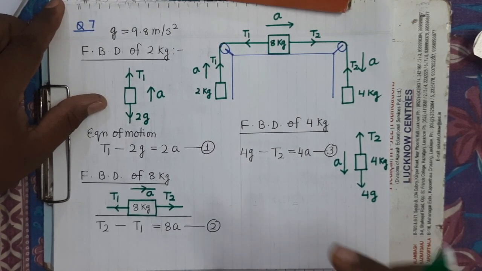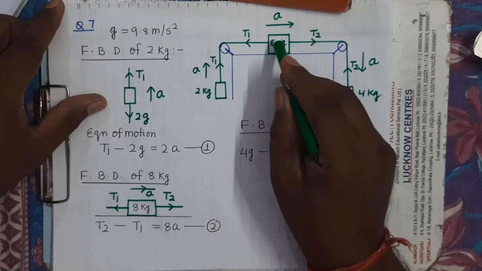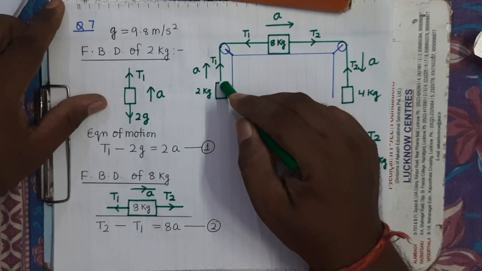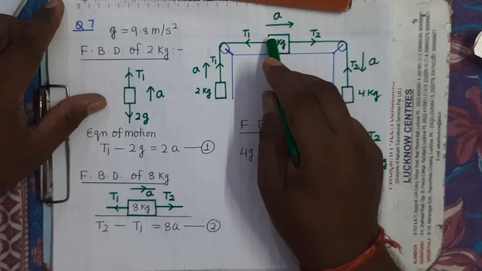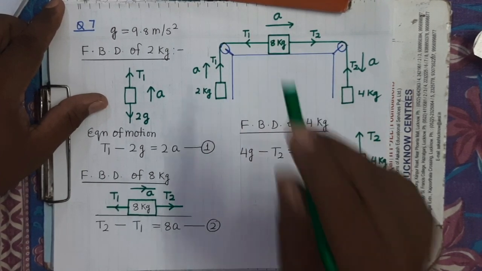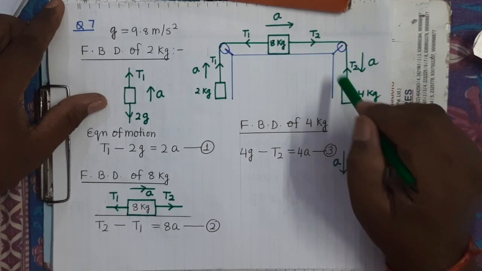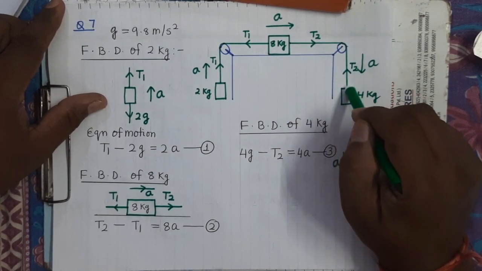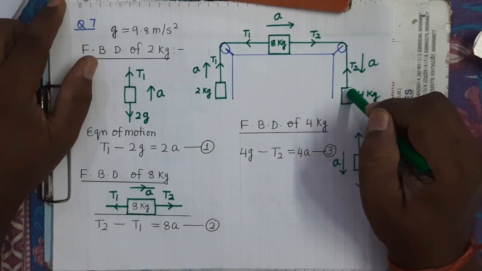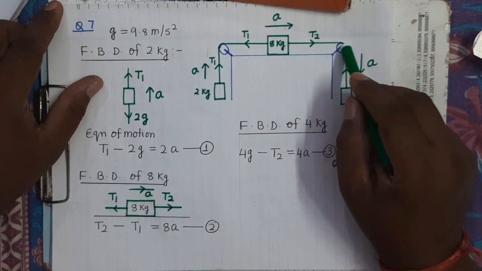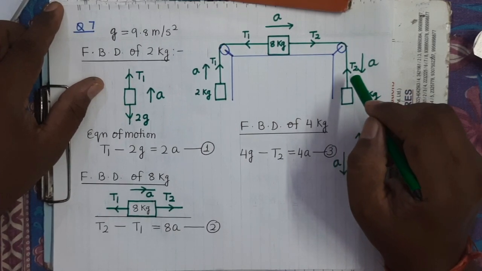Now see here, from this block to this block, this is one string, and since the string is the same, there will be the same tension, uniform tension. It's clear? Similarly, from here to here, the string is the same, therefore the tension will also remain the same. Here we have assumed that this string has uniform mass.